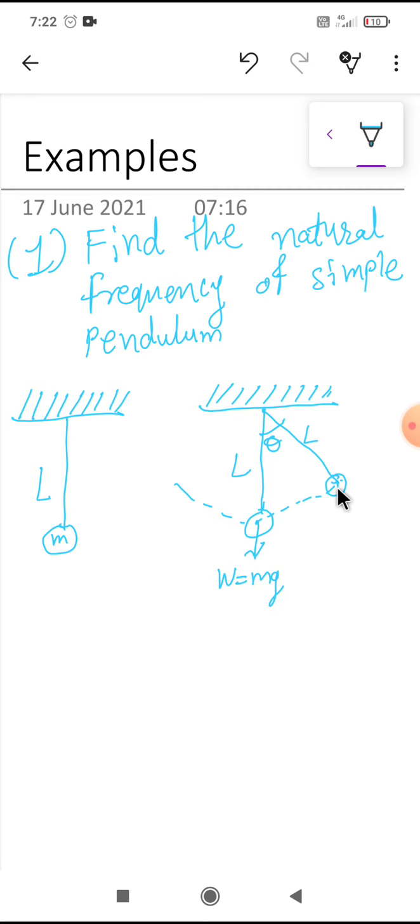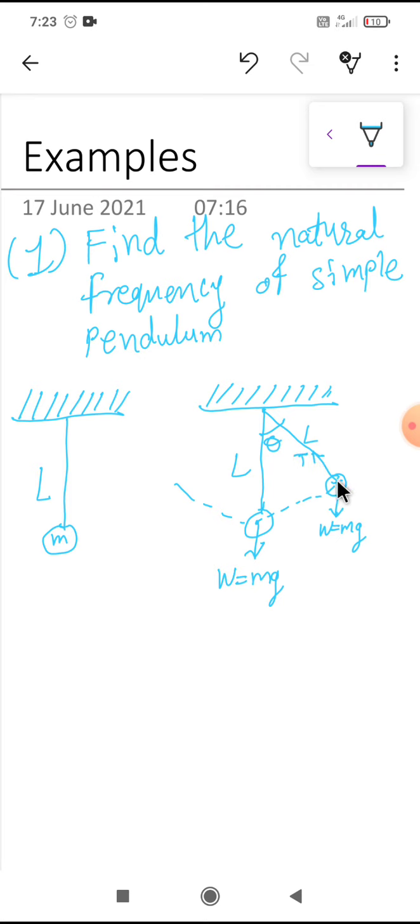Similarly here also the weight will be mg, acting downward. Now the string will also exert some force, so the string will have a tension in it. Suppose this tension force is T.